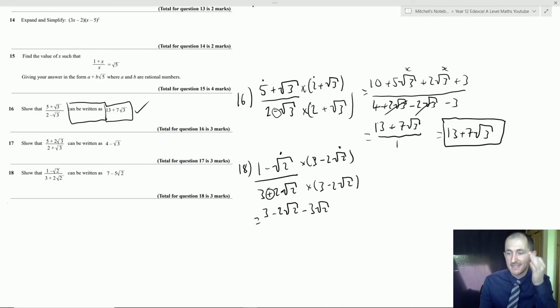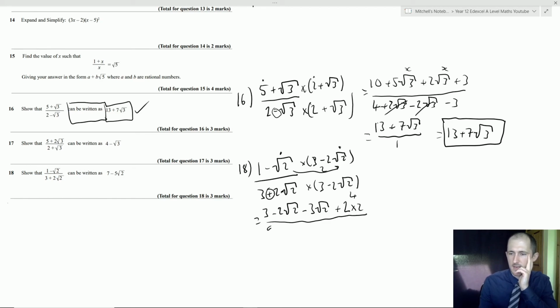So this will essentially be plus 2 times 2, so in other words, it's going to be 4. Okay? Because the root 2 and the root 2 times to make 2. Perfect, and that's it for the bottom, the top even.